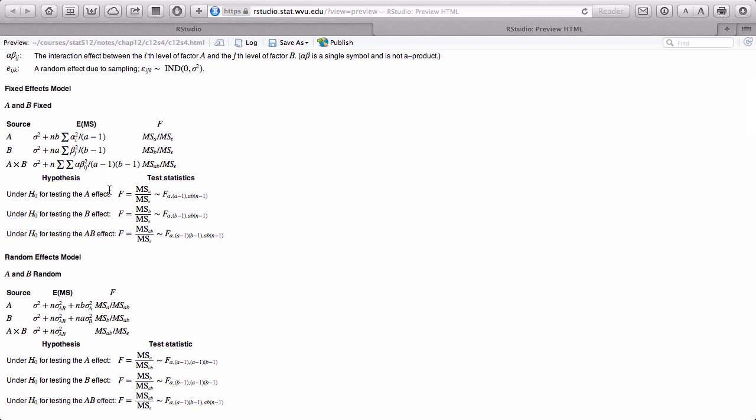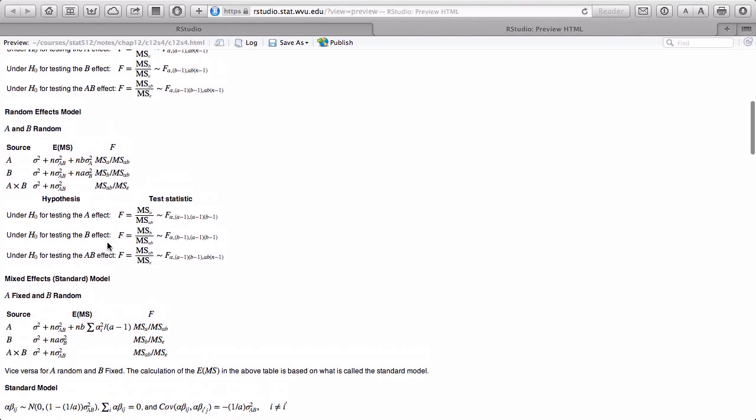Because notice that if the alpha is 0, then the expected mean square reduces to sigma squared, which is the same as the residual mean square of sigma squared. So I'd expect the F-test to be a ratio of about 1. And again, the interaction is tested by the residual also, the mean square for AB over the residual. So I can do these three tests, and that's all pretty simple.